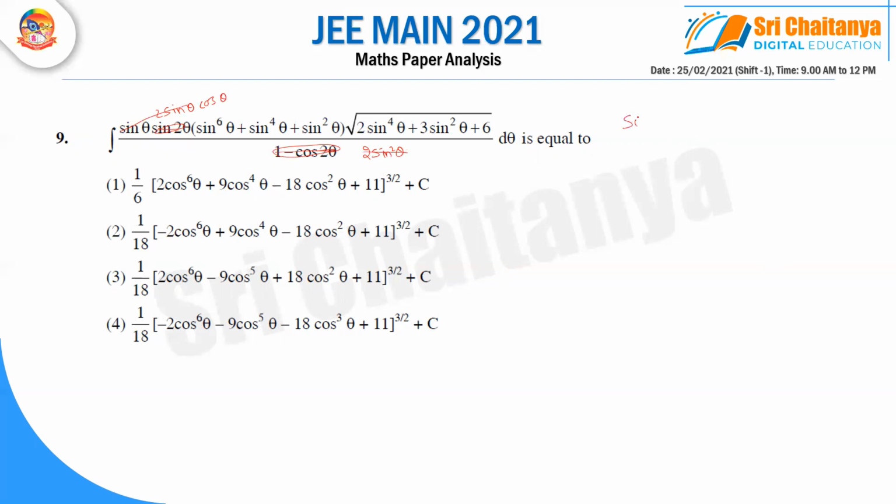So I will put sine theta equal to t, so cos theta d theta will be dt. My particular question will change to the integral of t power 6 plus t power 4 plus t square into root of 2t power 4 plus 3t square plus 6 dt.